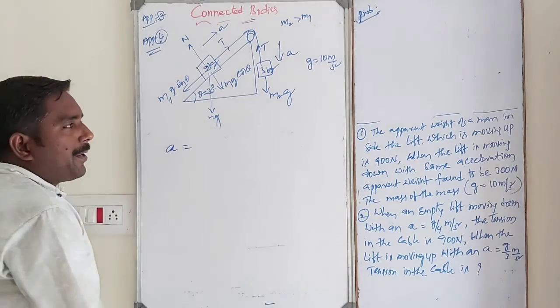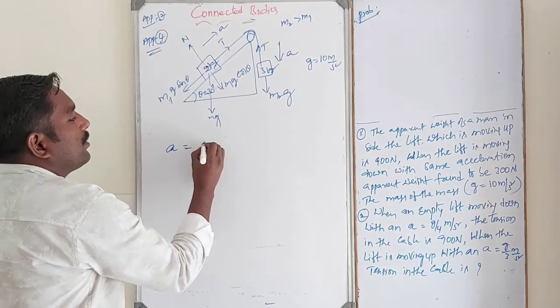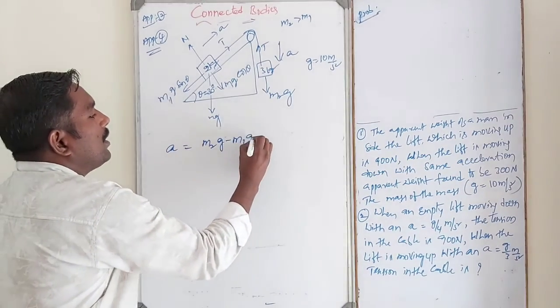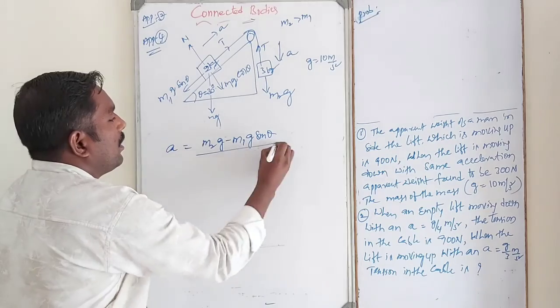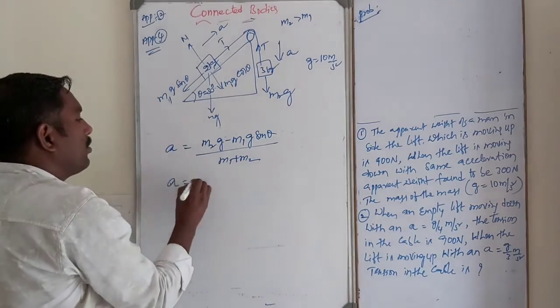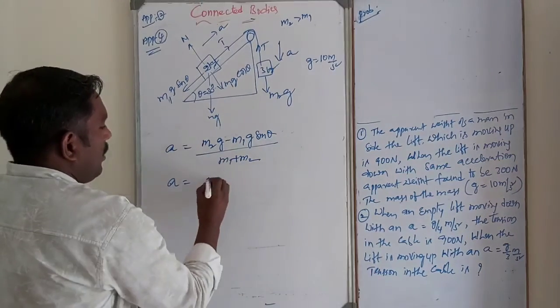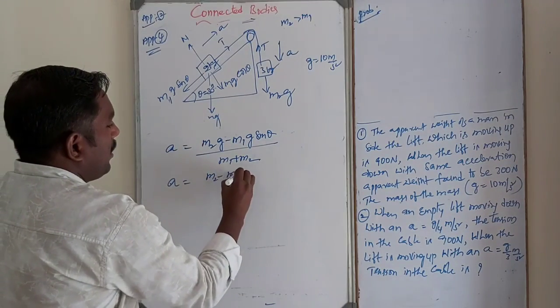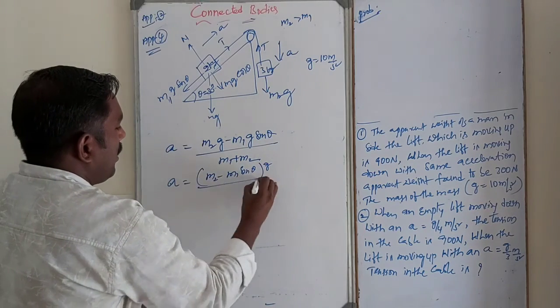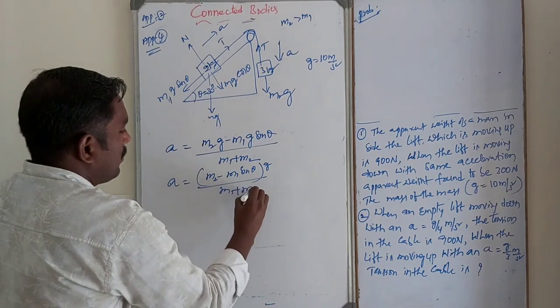Acceleration is equal to the higher value, m2g minus m1g sin theta, divided by total mass. So a is equal to (m2 minus m1 sin theta) into g divided by m1 plus m2.